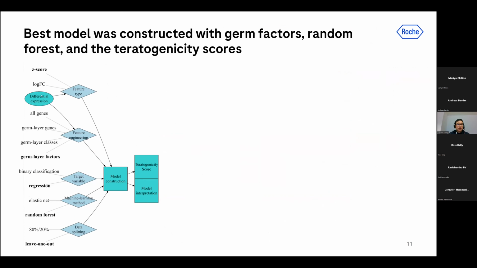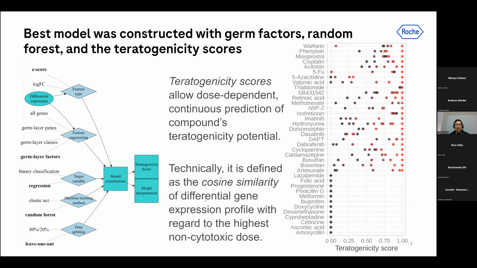And this fact prompted us to build a series of machine learning models using different outputs, using different features, using different methodology, and using different training-test splitting methods. And one thing I want to mention is that a specialty of this machine learning model is that we consider dose response.